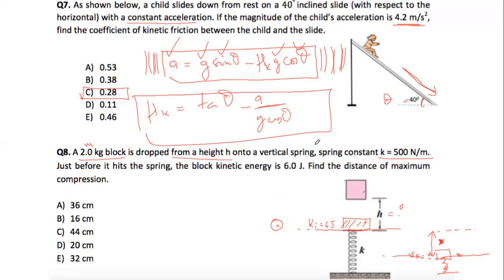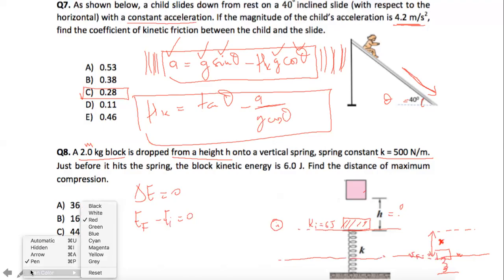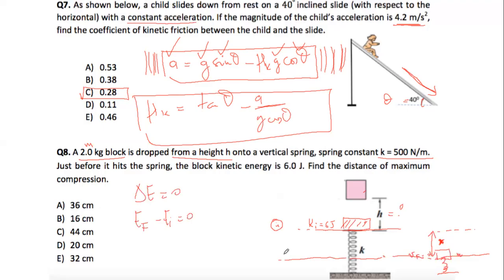So here we have a conservative system. So conservation of mechanical energy, delta E is 0, meaning E final minus E initial is equal to 0. What is E final? This is my final state at maximum compression.